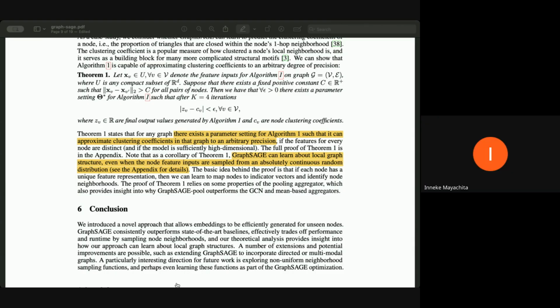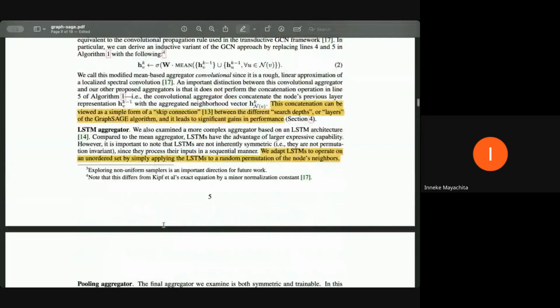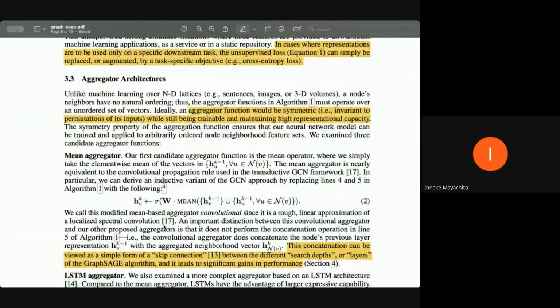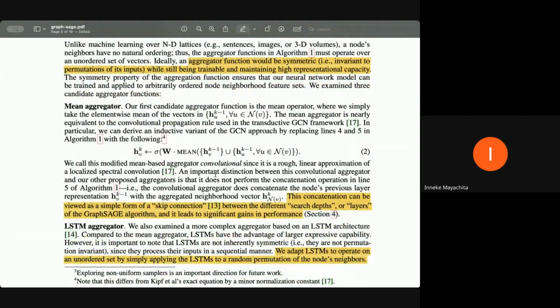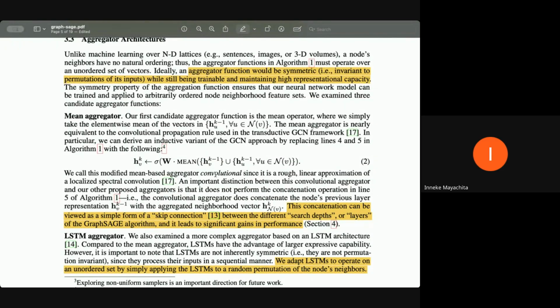Yeah, I was wondering about the over-smoothing thing, and then I saw Arvid put a comment on that. In the mean aggregator part of the paper, it mentioned skip connections. Well, it was saying that with this aggregator, we cannot do skip connections. I was wondering whether skip connections would help with over-smoothing.